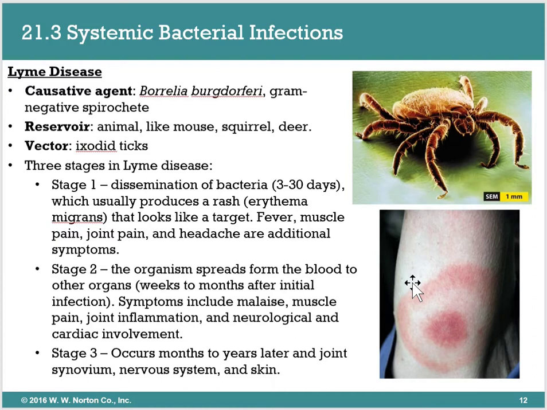So you'll have that rash, you can get fever, you can get muscle pain, joint pain, and then sometimes even a headache, depending on the person. And then after it has spread from the blood, it'll go to the other organs. And that normally takes about weeks to even months, depending on how strong your immune system is responding.